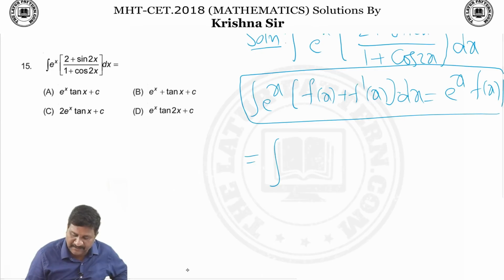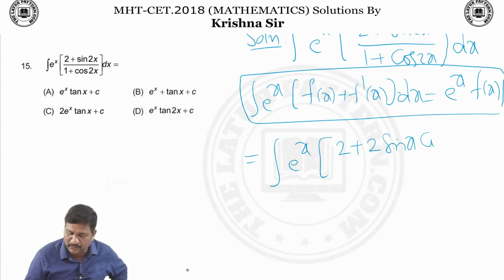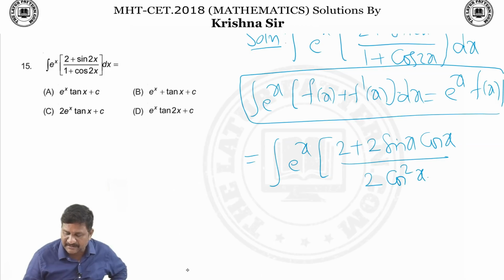So 2 plus sine 2x can be taken as 2 sine x cos x, and similarly 1 plus cos 2x can be taken as 2 cos square x, by the formula 2 cos square theta.